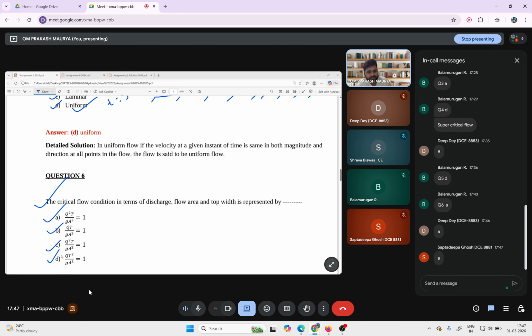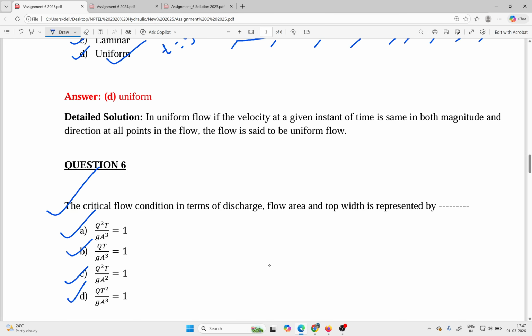Let me just explain. Very easy question. Fr is the Froude number. Your Froude number is V divided by the square root of g into hydraulic depth. This is not hydraulic diameter actually, it is hydraulic depth. So V by root of g into hydraulic depth, and what is your hydraulic depth?